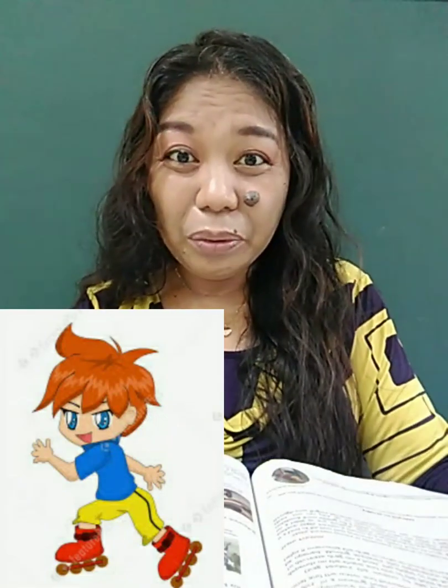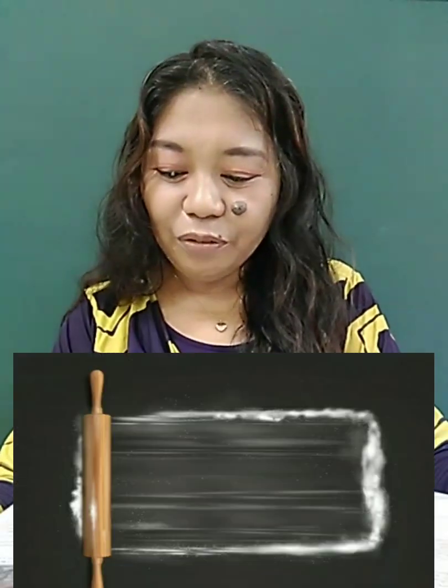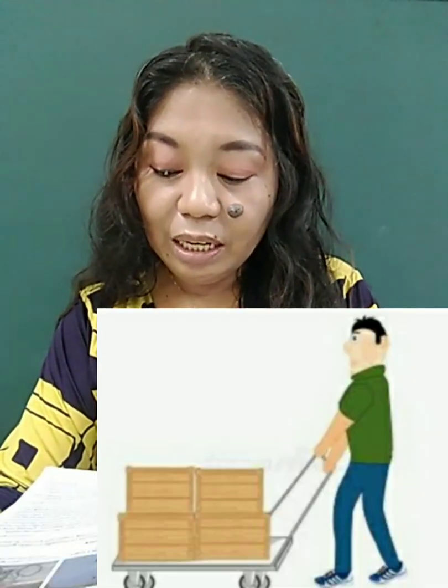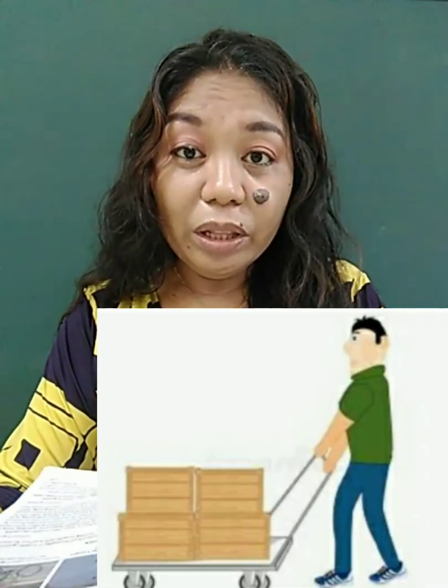Next is rolling friction. What is rolling friction? When an object rolls, from the word rolls, right? Rolls over a surface, rolling friction is produced. That is why you can easily move a block of wood with less force if you put wheels on it. Or if we have a table, and we put wheels on it and push it, it moves more easily. Why?